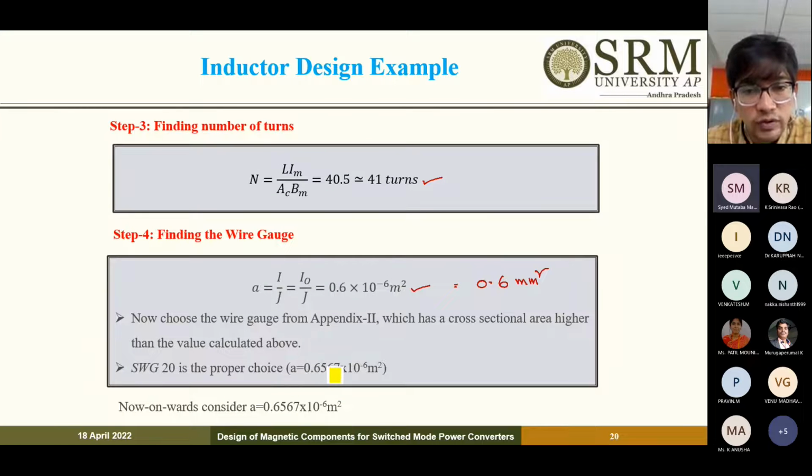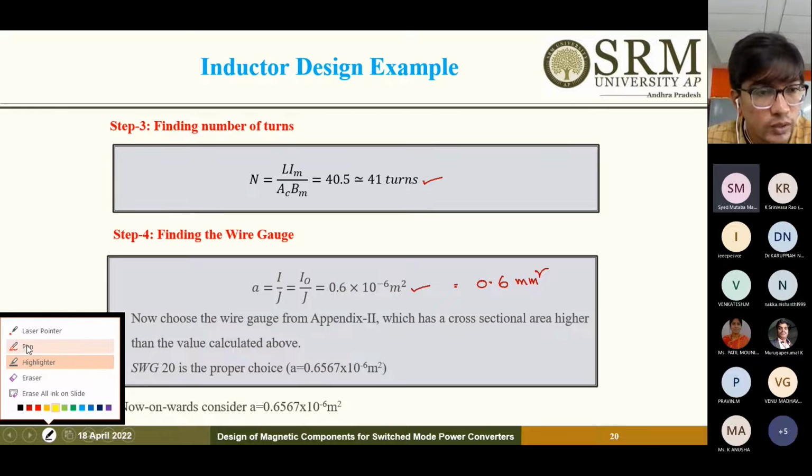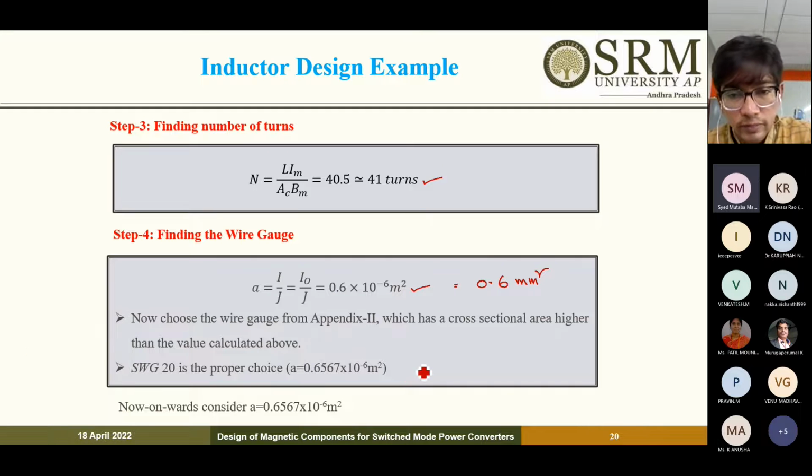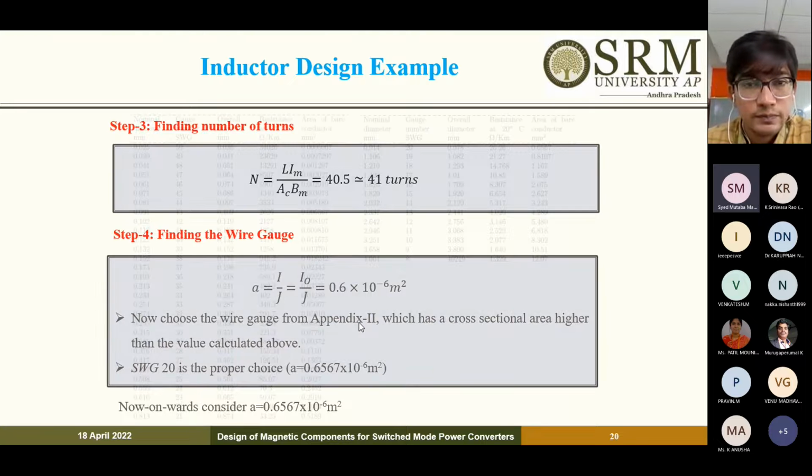That is 0.6567 into 10 power minus 6 m square, or 0.6567 mm square. We need to use this from now onwards. Now we need to cross check.